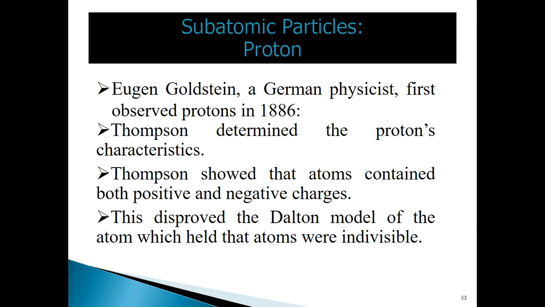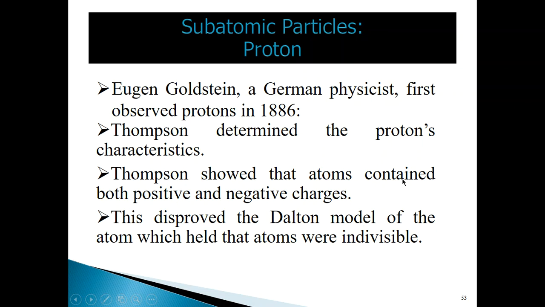And then another guy, a German this time, by the name of Eugen Goldstein, a German physicist, discovered very shortly after the protons. And Thomson looked at this particular particle, and he determined their characteristics. And he also showed that atoms contain both positive and negative charges, right?